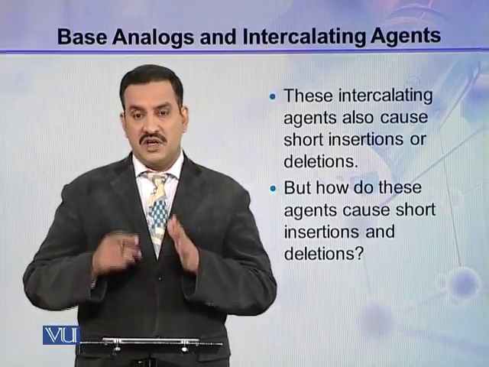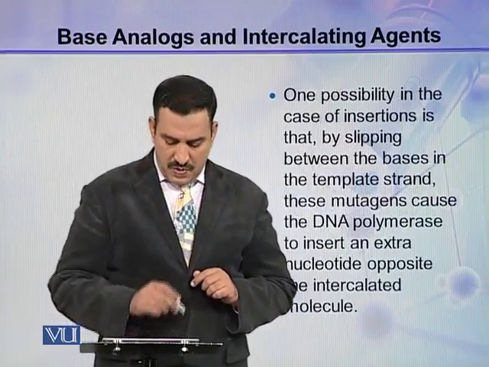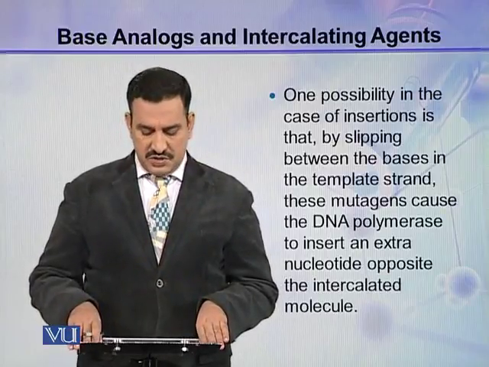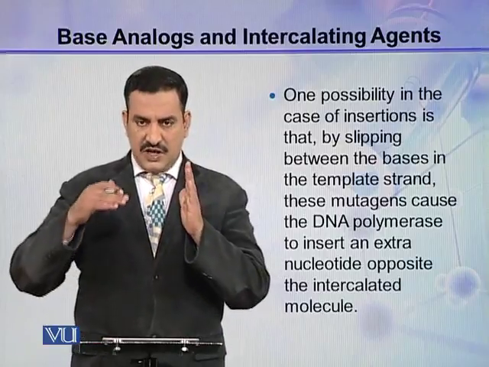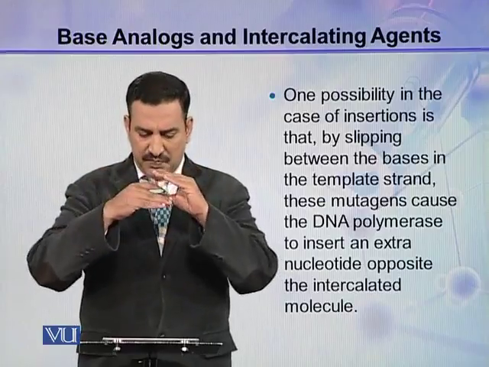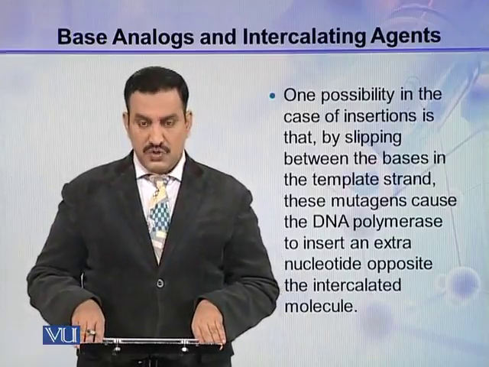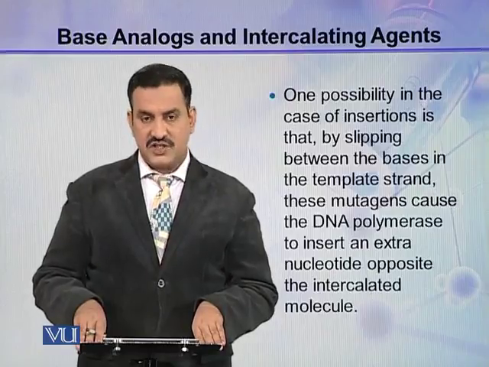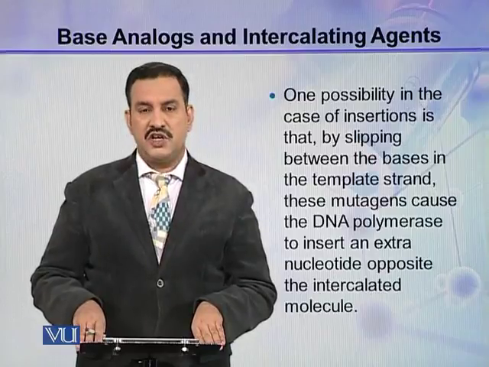One possibility in the case of insertion is that by slipping between the bases in the template strand, these intercalating agents cause the DNA polymerase to insert an extra nucleotide opposite the intercalated molecule.